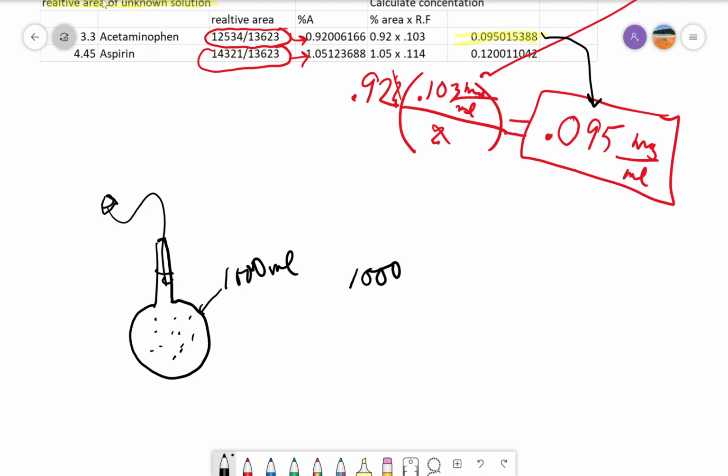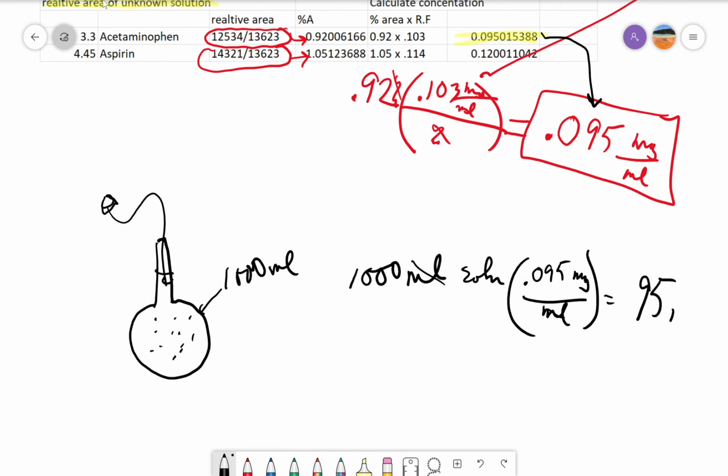So if we had 1,000 milliliters of the solution and we knew the concentration was 0.095 milligrams per milliliter, that means there must have been 95 milligrams of the acetaminophen in the tablet.